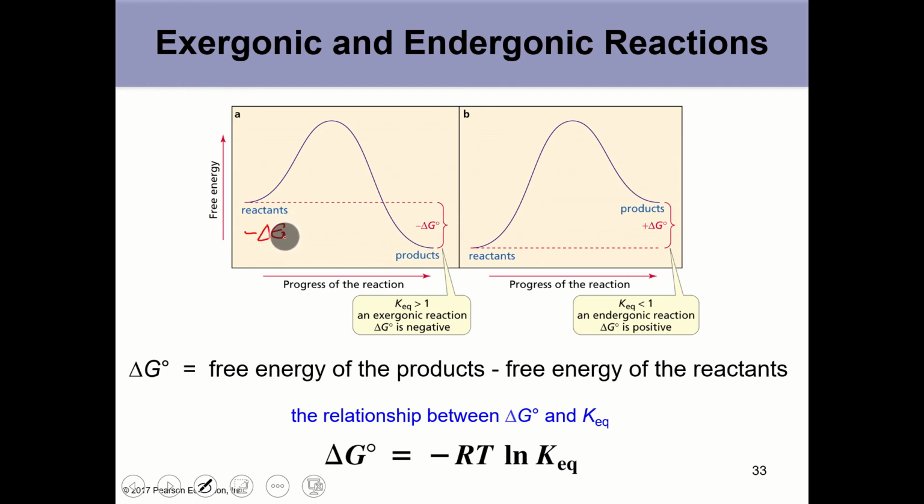So delta G is less than 0. It's negative, it's less than 0.